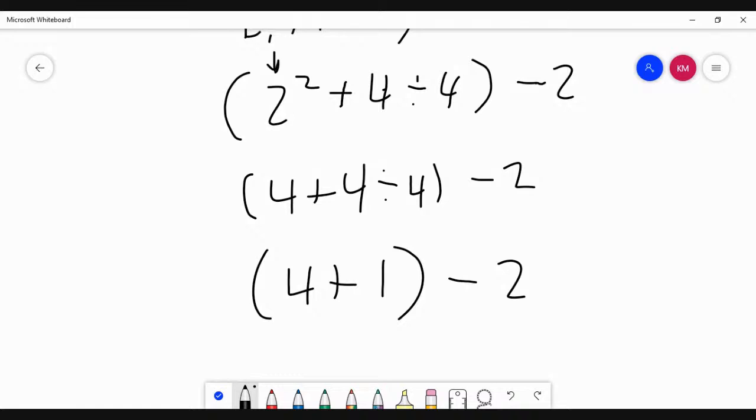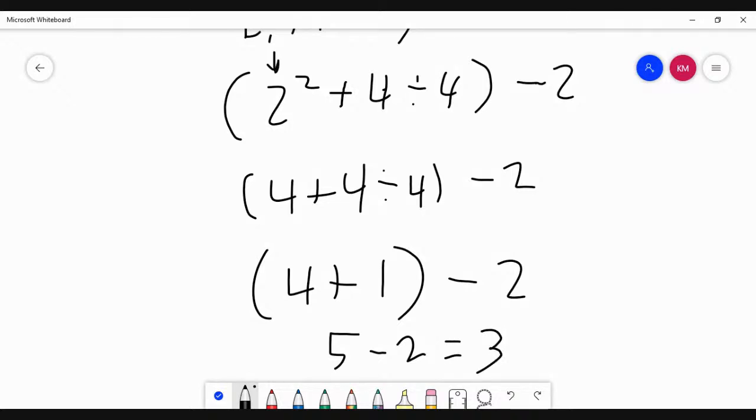So now we have only one operation left. That operation is 4 plus 1 within the parentheses. So 4 plus 1 is 5, minus 2, which gives me 3.